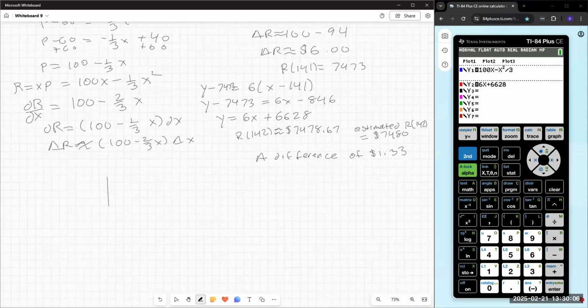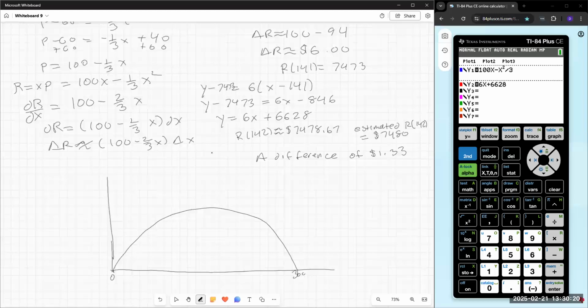I am looking at my revenue function here. It should have an x-intercept at 0, and it should have an x-intercept at 300. Halfway in between there is going to be 150. We're somewhat close to that over here at 144. So there's my tangent line.